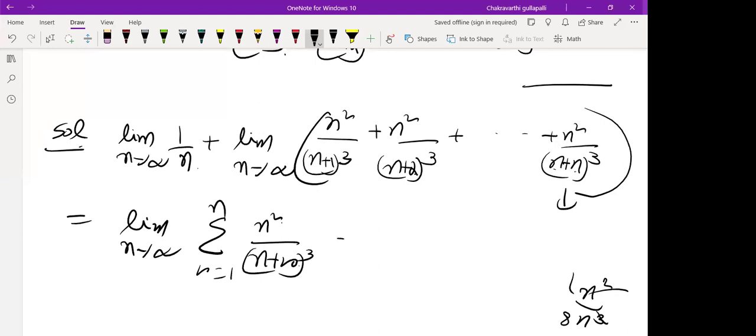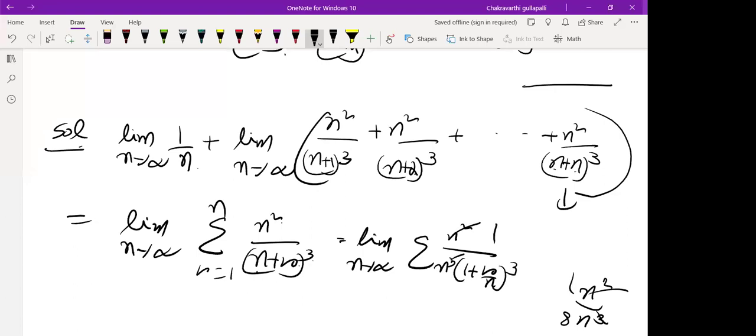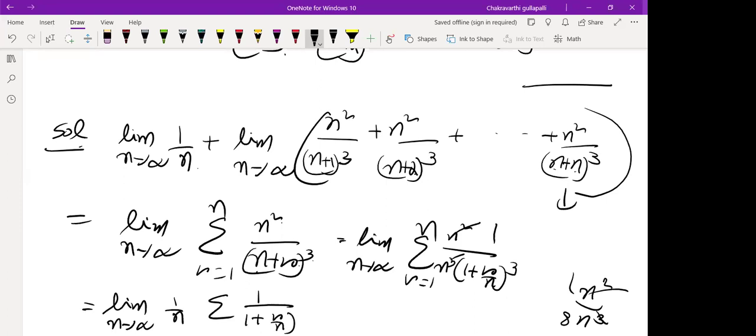This can be rewritten in the form: take n common, n square, n common. If you take n common, cube is there. So n cube times 1 plus r by n whole cube, r equal to 1 to n. This is limit n tending to infinity, 1 by n, summation 1 by 1 plus r by n whole cube.